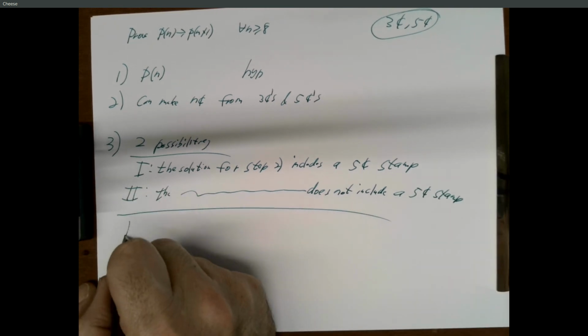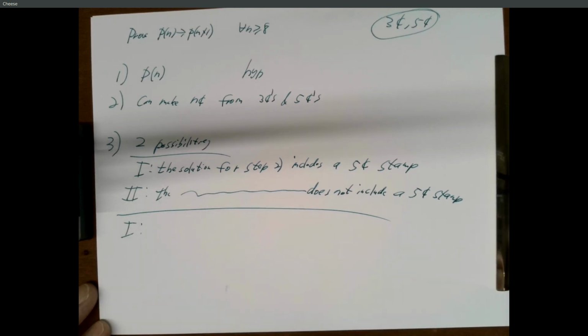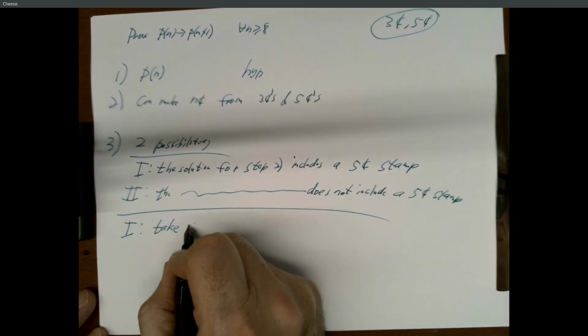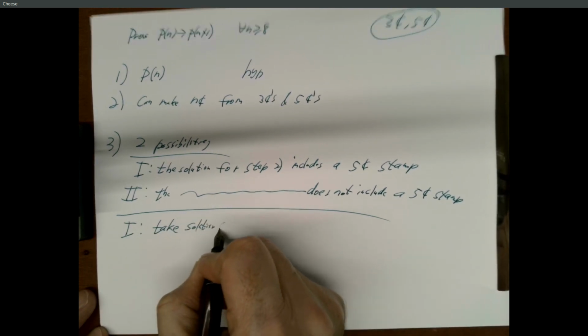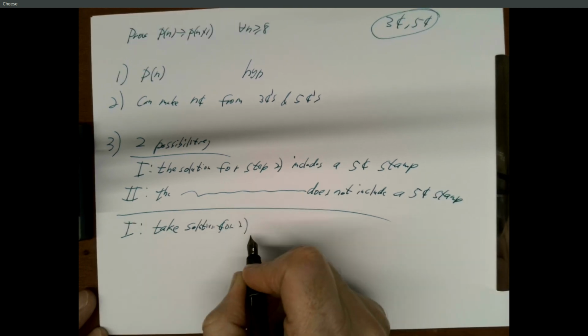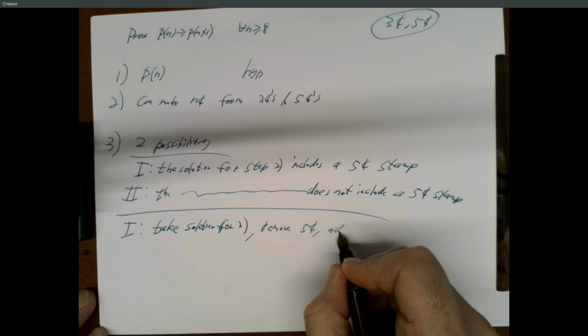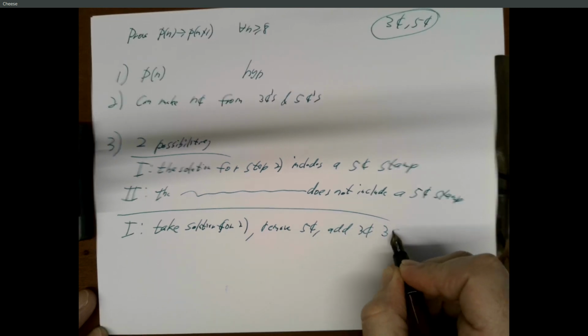Okay, let's examine each of those. Case 1, the solution for n cents included a 5-cent stamp. Take the solution for step 2, remove a 5-cent stamp and add a 3-cent and a 3-cent stamp.